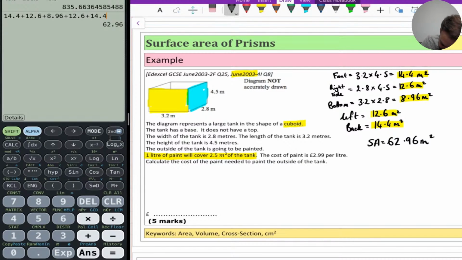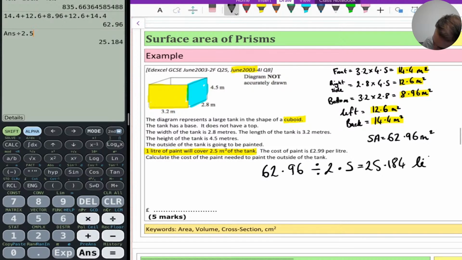My amount of litres is going to be 62.96 divided by 2.5, which gives me 25.184 litres.